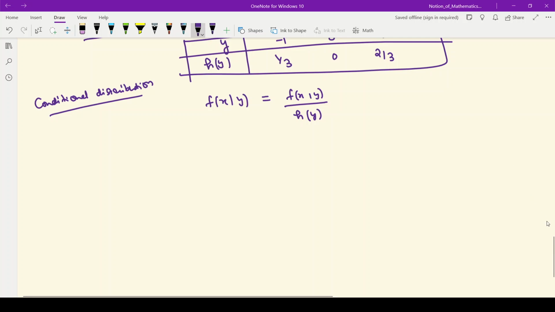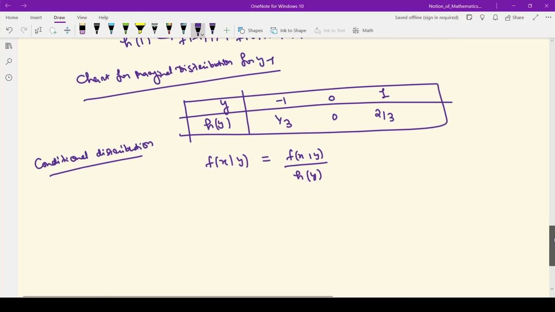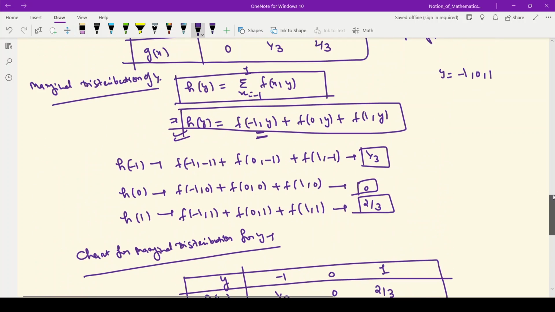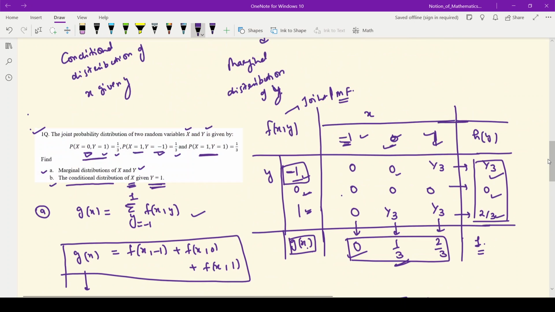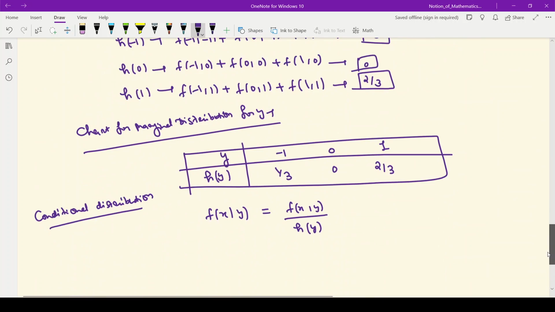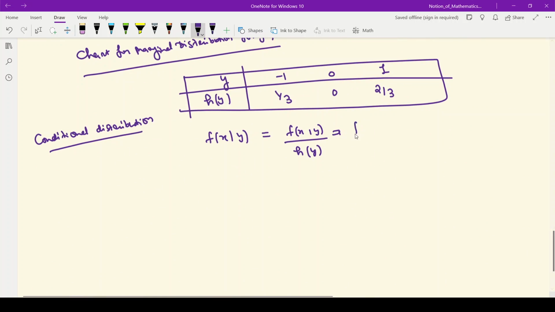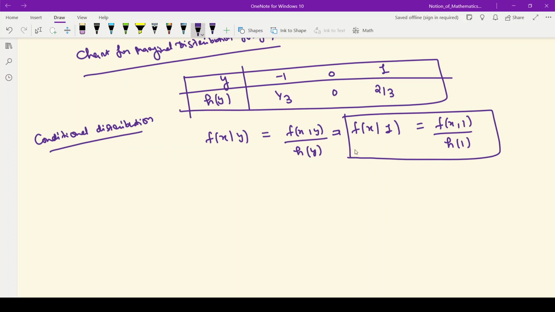And in the question it is asked, we have to find the conditional distribution of x given y where y is equal to 1. So I will fix the value of y here. I want to get f(x given 1), that is f(x,1) upon h of 1. Now as usual we have fixed the value of y, and I will be taking the values of x one by one: minus 1, 0 and 1.